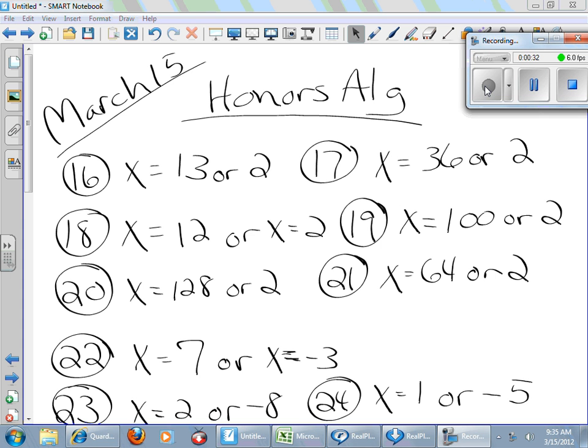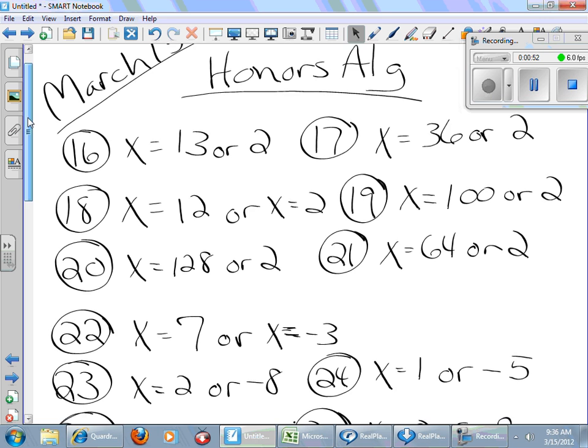As you know, I'm still not able to post answer keys on the web page until I get an email from somebody. I'm not allowed to do that because there's a small problem in the district and they're fixing it. So here is the answer key for the homework from class today. I'll scroll through slowly.